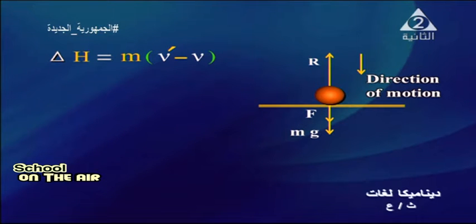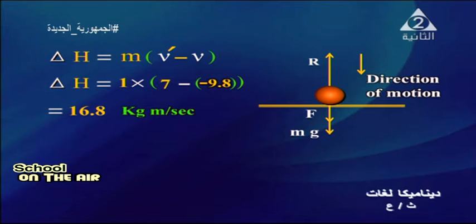Delta H equals m times v dash minus v. Delta H, that's the change in momentum, equals mass multiplied by change in velocity. Delta H equals the mass 1 kilogram multiplied by 7, which is the velocity after impact directly, minus negative 9.8, which is the velocity before the impact directly.